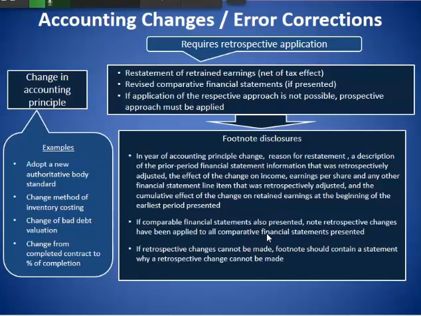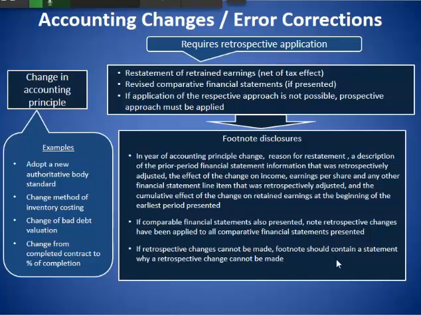If comparable financial statements are also presented, note respective changes have been applied to all the comparative financial statements presented. If retrospective changes cannot be made, footnotes should contain a statement as to why the retrospective change cannot be made.